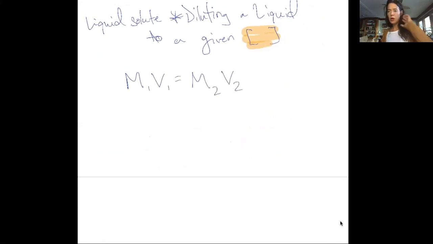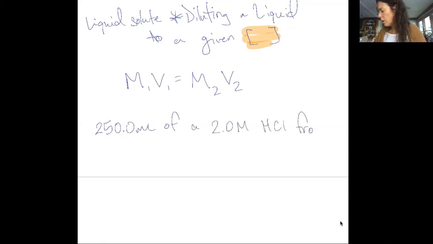And we need to establish something when we're done with this though, okay? So let's say that you need to prepare 250 milliliters of a 2.0 molar HCl from a stock solution that is 18 molar, okay?